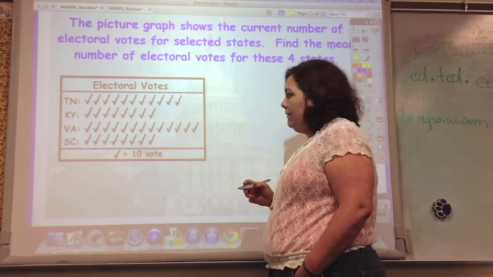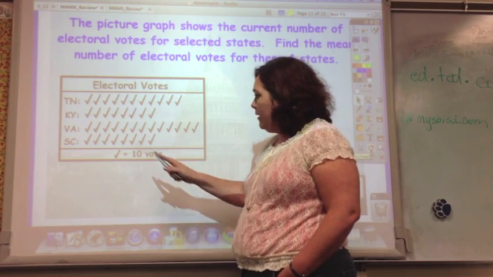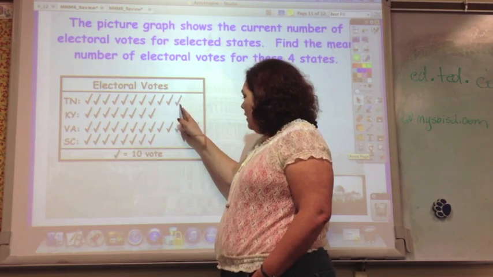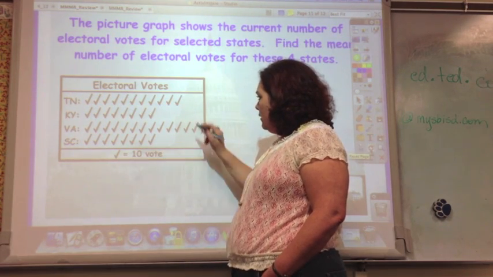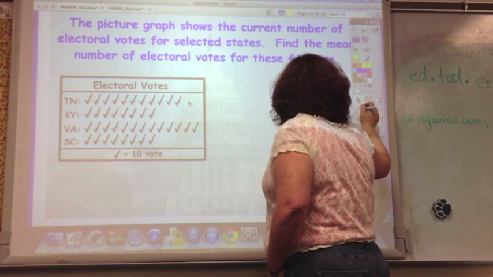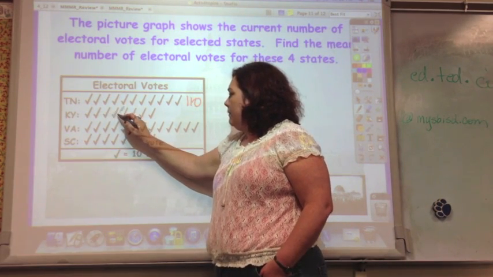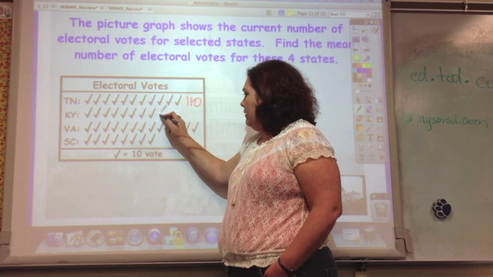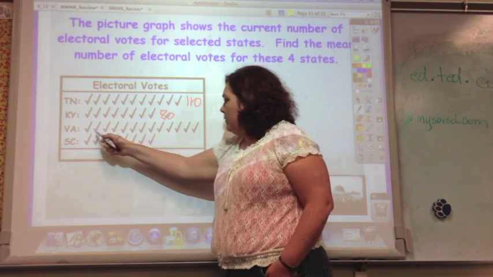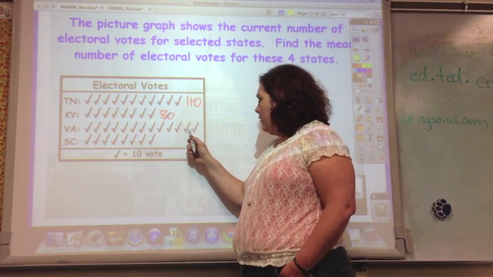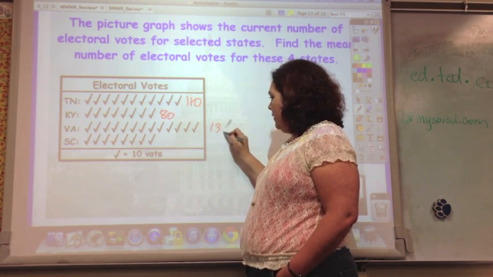And then, of course, to find the median, I would go 11. 11 times 10, 110. 10, 20, 30, 40, 50, 60, 70, 80. And this would be 1, 2, 3, 4, 5, 6, 7, 8, 9, 10, 11, 12, 13. 130.